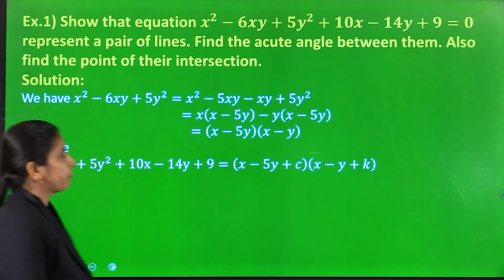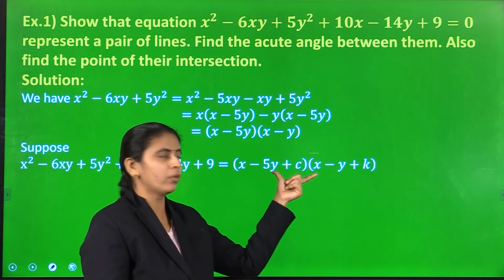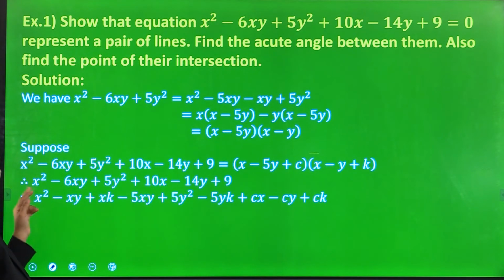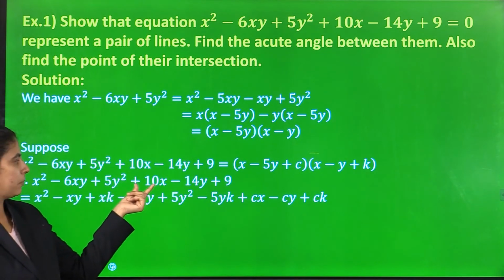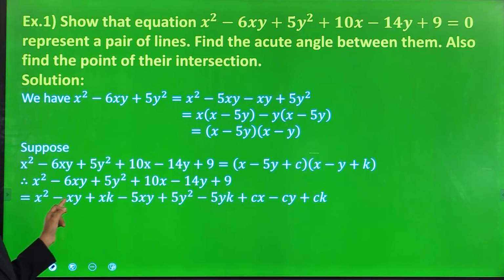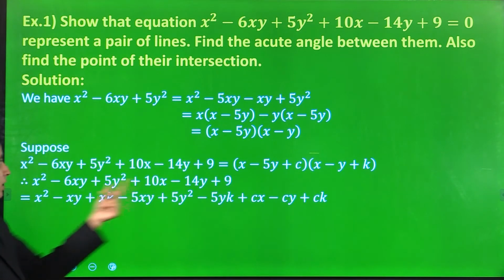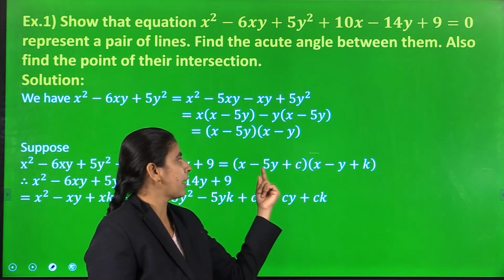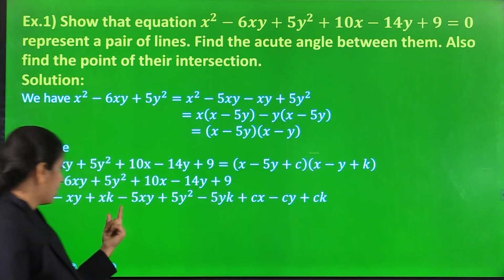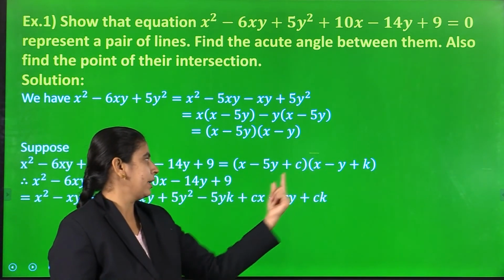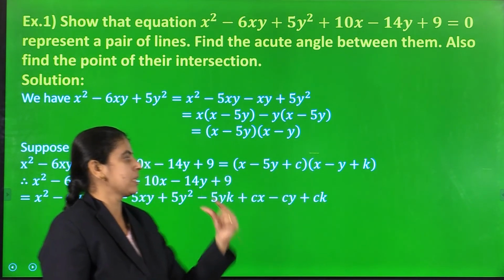Okay, for that we will multiply these two factors. So finally, by multiplying these two factors, we get x square minus 6xy plus 5y square plus 10x minus 14y plus 9 is equal to x into x minus xy plus xk, minus 5xy plus 5y square minus 5yk plus cx minus cy plus ck.